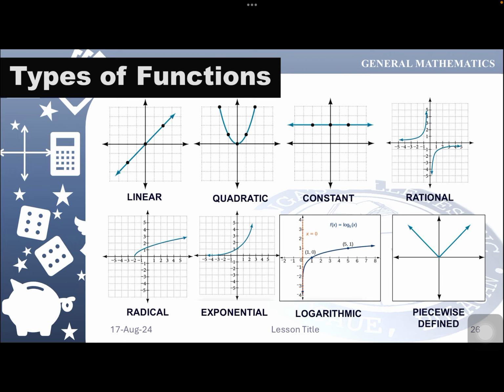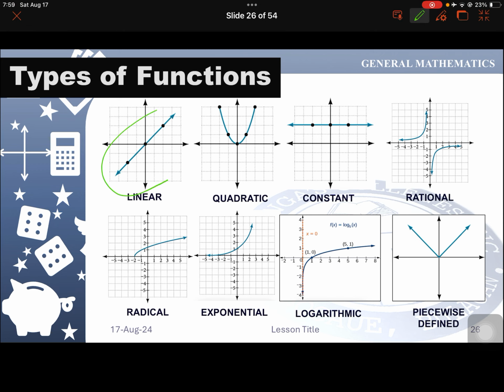So here are the types of functions. We have the graphs of these functions. So for example, linear function, again, this is a line. If the slope is negative, it should look like this. And we have the quadratic function, which is called the parabola. The coefficient of x squared here is positive, and if it's negative, then it should look like this.